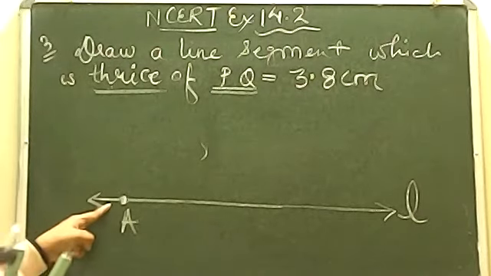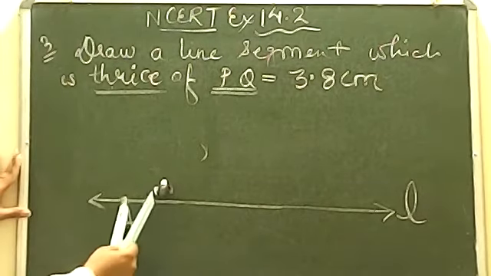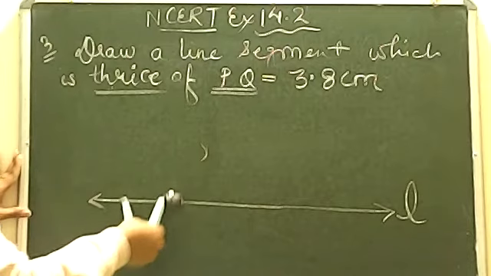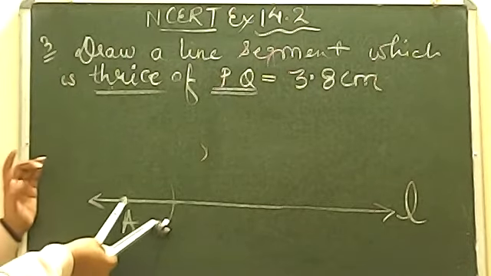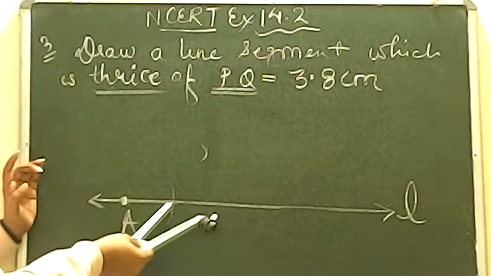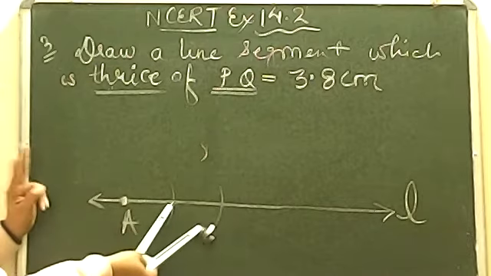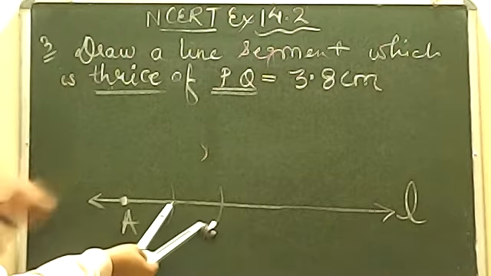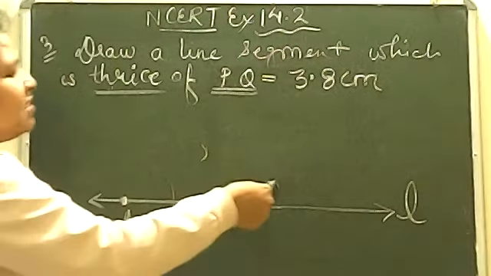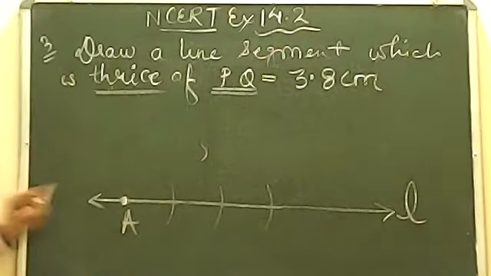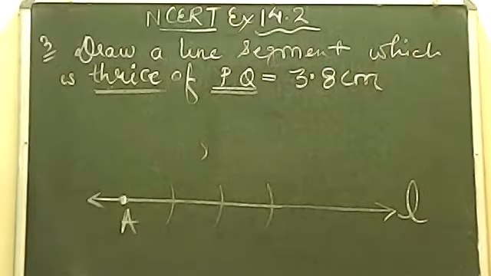First I will put the needle of the compass on A and mark the first point at 3.8. This is first, one time. Now I place it again on this arc, and this is the second arc, two times. Again on this arc, and this is three times. So one time, two time, three time, we have done it thrice.